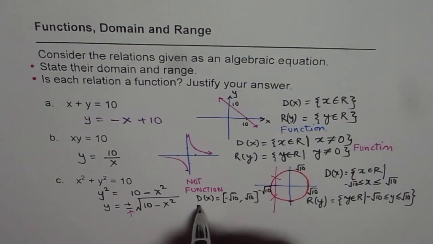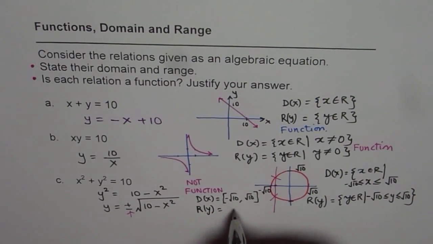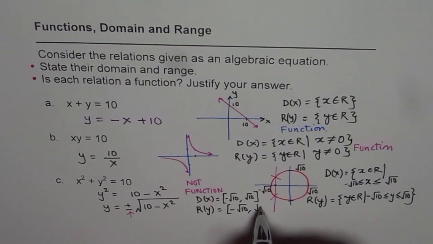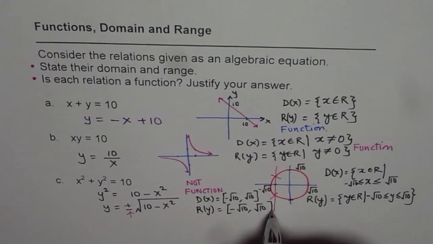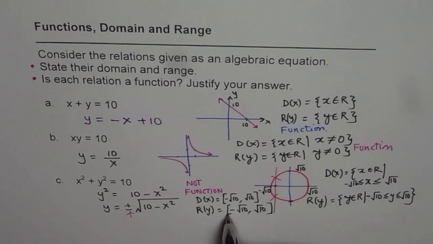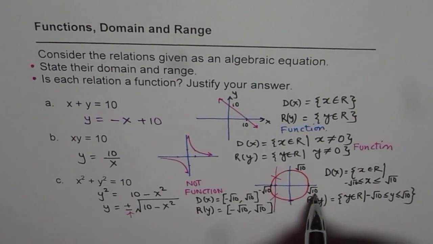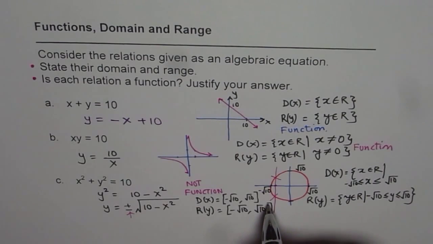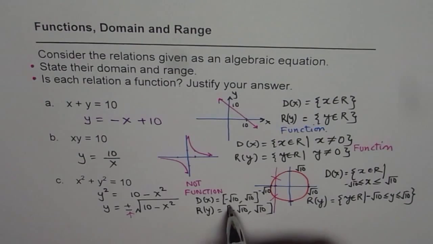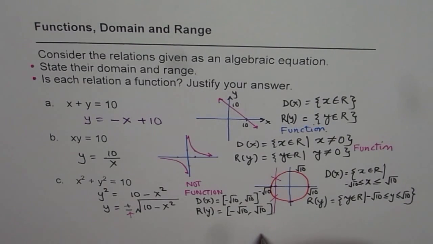Similarly, we can write the range also in this form. So that is another way of writing domain and range. If these brackets are square brackets, then the value plus or minus square root 10 is included. But if it is not a square bracket, but a normal parenthesis, then it is not included. We call them open brackets.